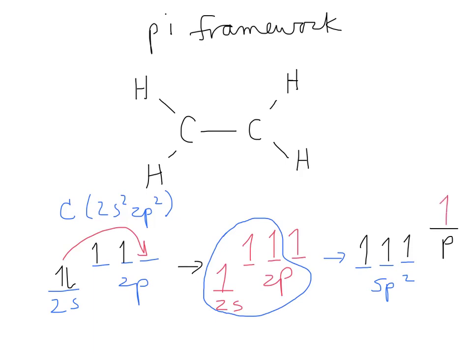And that p is going to be the basis for the pi bonding. So each carbon has this configuration, and each carbon has a p orbital that's unhybridized, that's available to do the pi bonding. So together, and now you've got the sigma framework with the correct geometry.